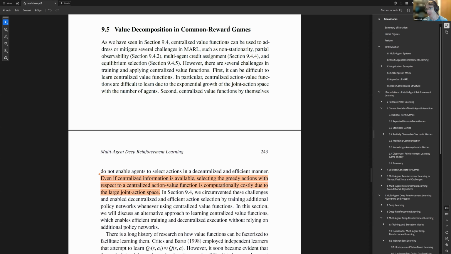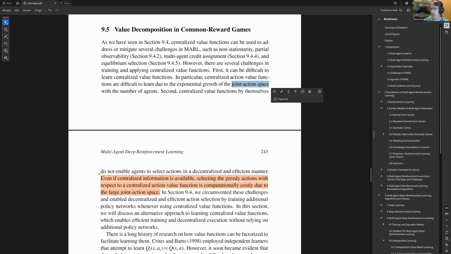And what makes a lot of multi-agent problems challenging is when you have agents each having their own reward signal, and you have to figure out equilibrium solutions, and it's not as straightforward as just trying to maximize the reward. In common reward games, we are just trying to maximize the reward, but here the challenge is really just dealing with the joint action space and how large that can be when you have a lot of agents.